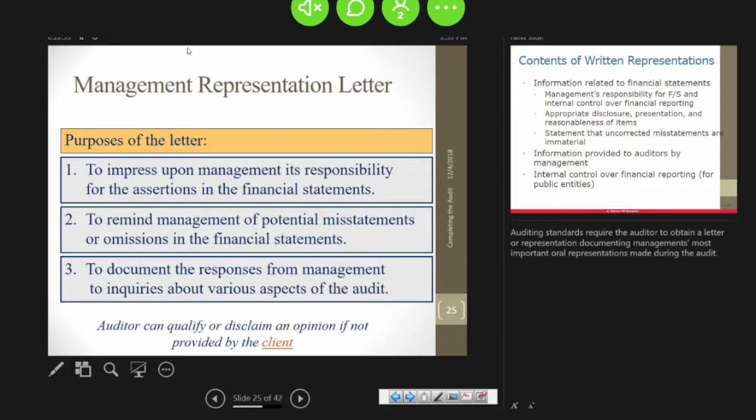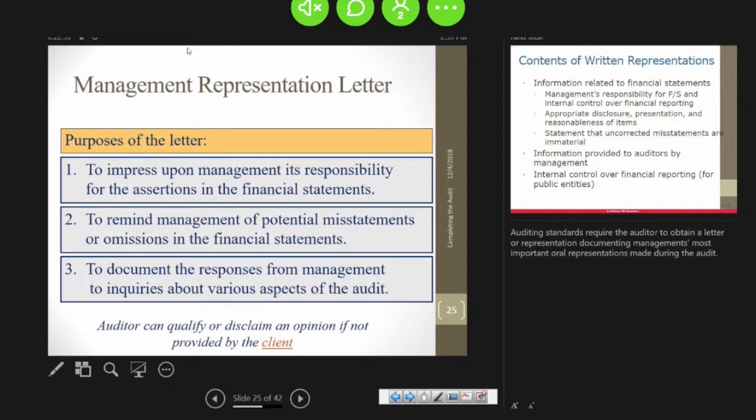It's not the auditor's responsibility to come in and find those. Management should have a process in place to identify, prevent or detect those types of errors. And it also documents management's responses regarding various inquiries the auditor makes.